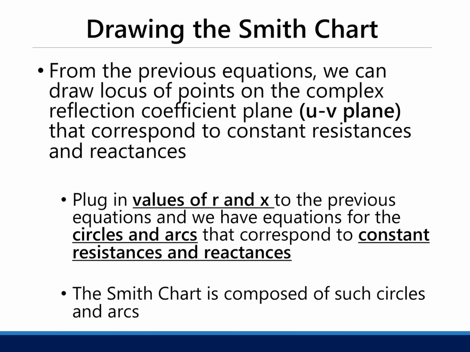To draw the Smith chart, you need the constant resistance circles and the constant reactance circles, and mix them together to create the chart. By using that, you will be able to identify the impedance of a given reflection coefficient. Basically you use the UV plane, which corresponds to the polar plane of your gamma. Plugging in values of constant r and constant x, we get circles.